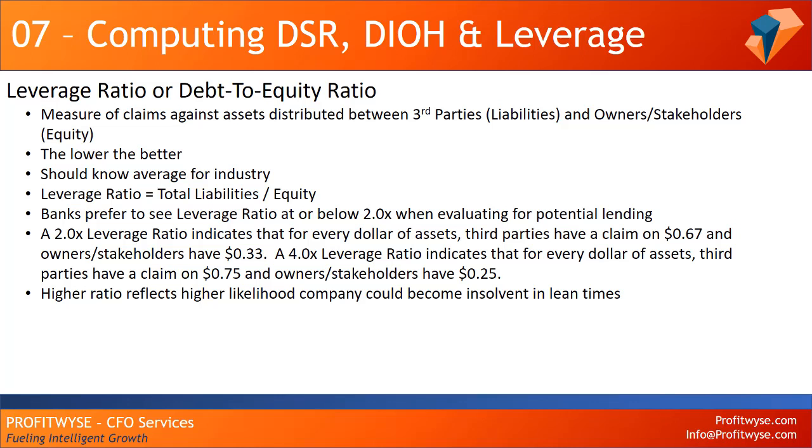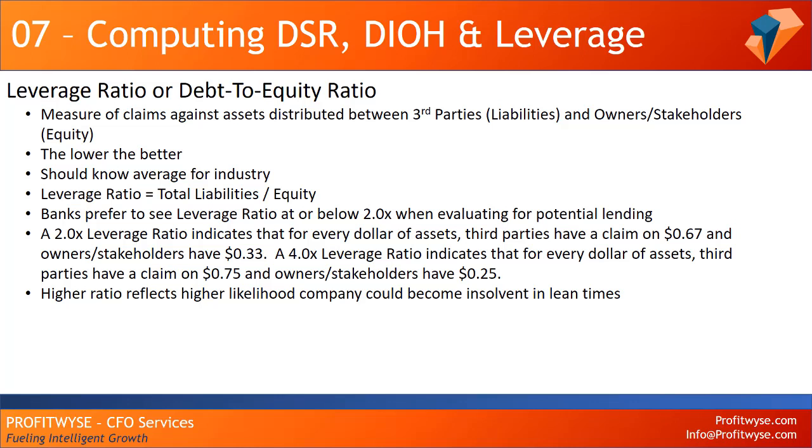Banks in general like to see leverage below 2.0 if they are looking at a business as a possible lending opportunity. Once you start getting beyond 2.0 leverage, then you start to get into a higher risk category, and then the banks tend to be less interested in working with you. So here's just an example.